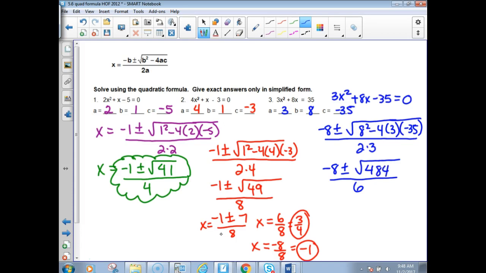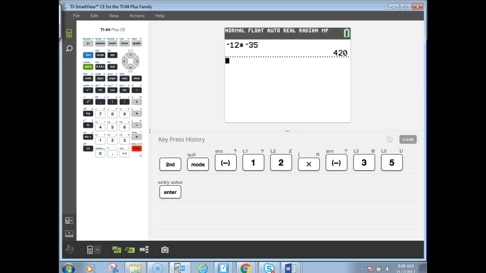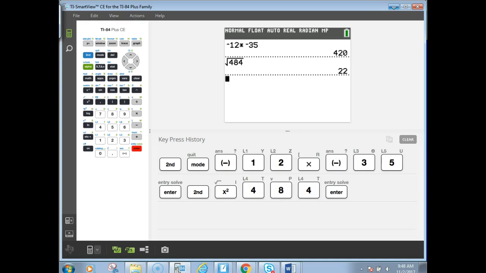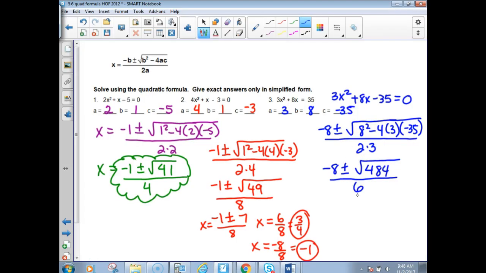Check if it's a perfect square. Square root of 484. I think it is a perfect square. 22. So we got negative 8 plus or minus 22 over 6. So we want to do negative 8 plus 22, and that would be 14 over 6, which reduces to 7/3.